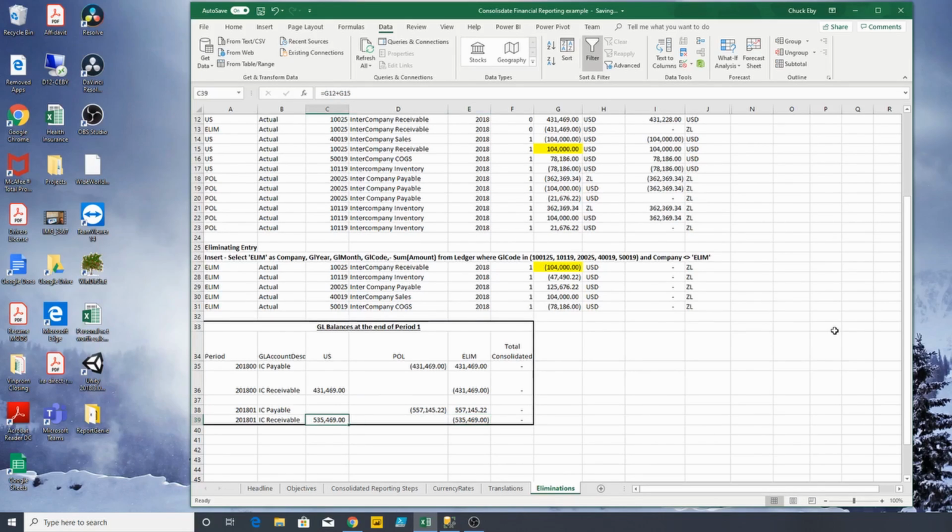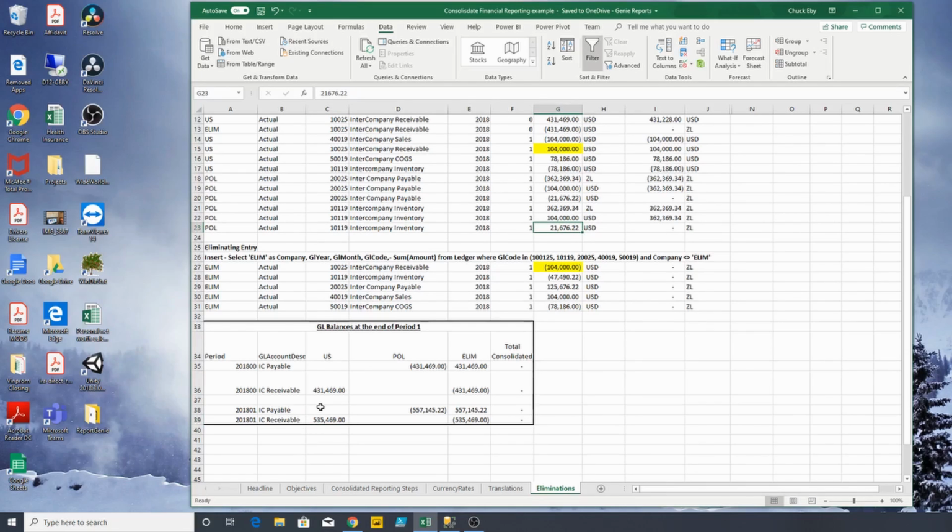Here's a little bit of an interesting observation. You can see that we're off by exactly 21,676.22, which happens to be these revaluations that took place at the ledger.